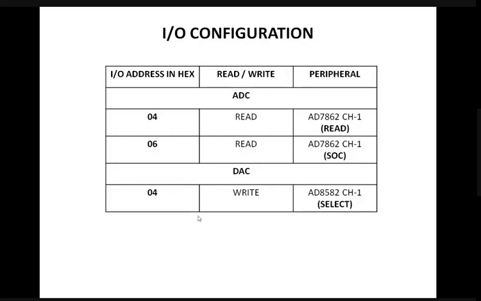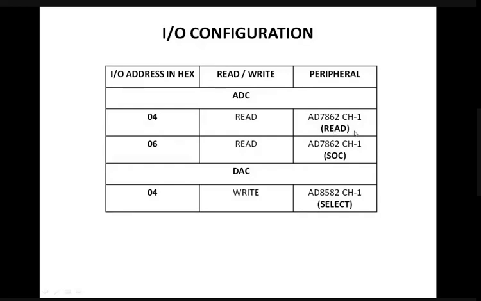So here we have a separate ADC and DAC external to the board. And the ADC we are using is AD7862 ADC. And the DAC that we are using in our kit is AD8582. AD8582 is a DAC. Okay, the signal from the microphone has to be given to the ADC, and the digital signal has to be given to the signal processor for performing convolution.